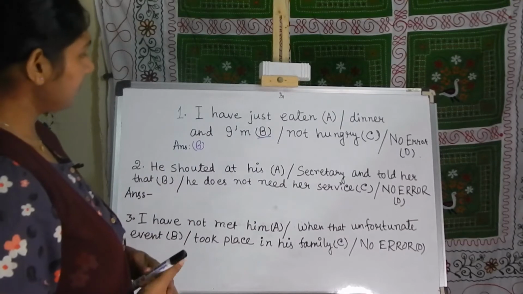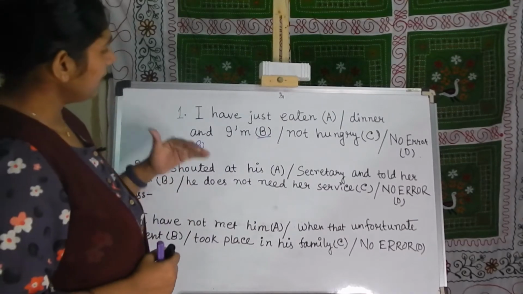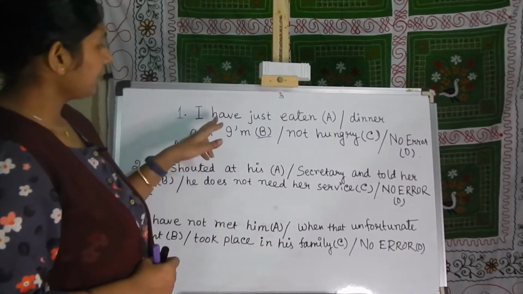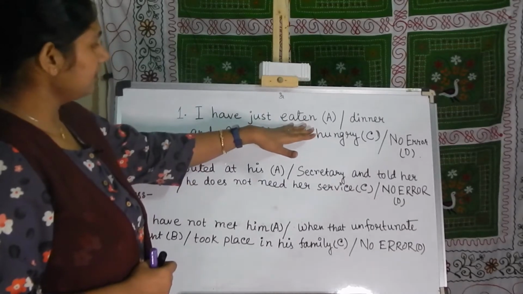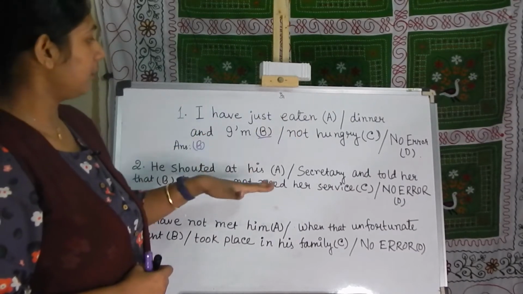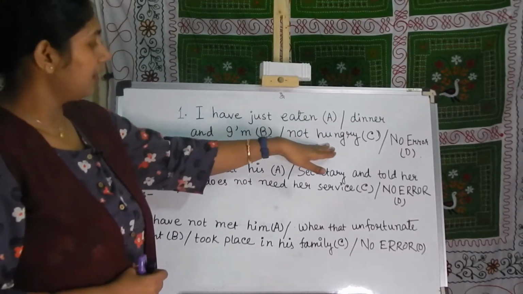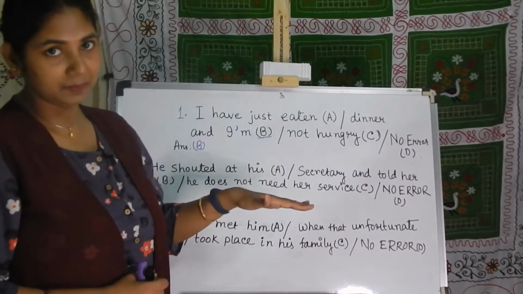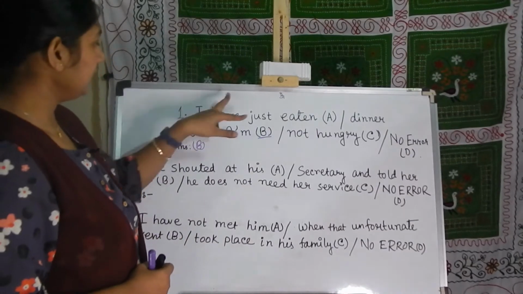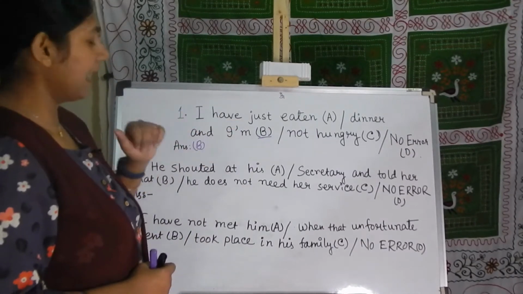Now, let me explain what the answer is. I have just eaten dinner is a principal clause. I am not hungry is another principal clause. But both are connected by and.